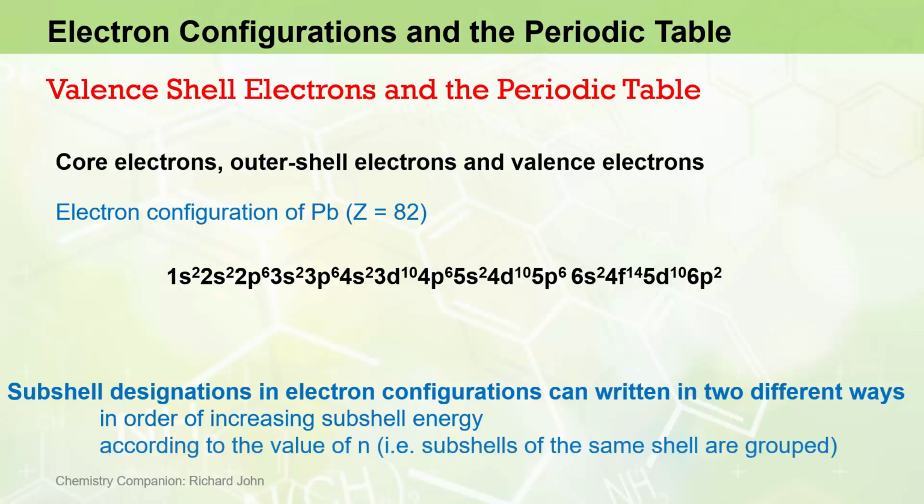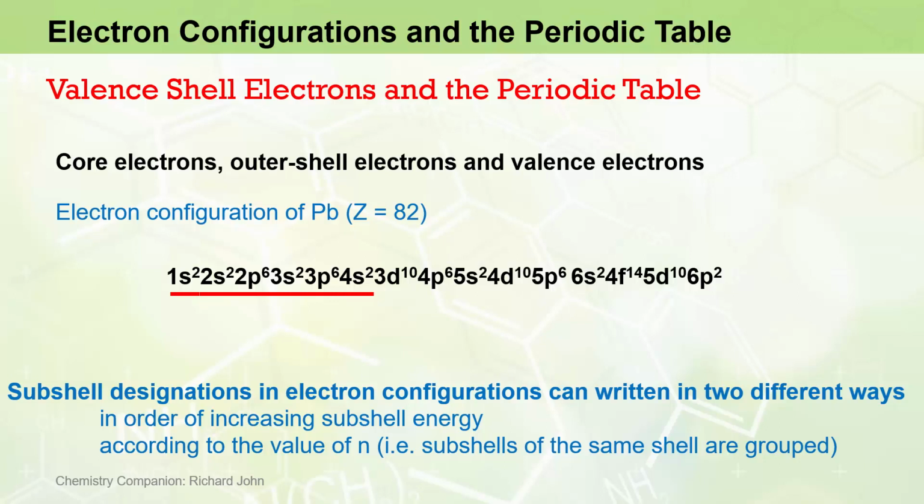The second way involves grouping subshells according to the value of n, or in other words, grouping subshells within the same shell together. So, for example, we can see that the two electrons in the 1s subshell belong to the n equals 1 shell, and the electrons in the 2s and 2p subshells belong to the n equals 2 shell. Electrons in the 3s and 3p subshells belong to the n equals 3 shell.